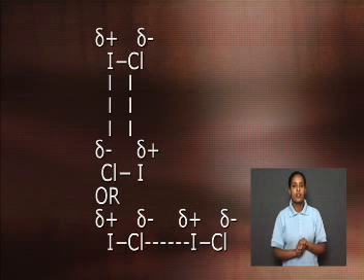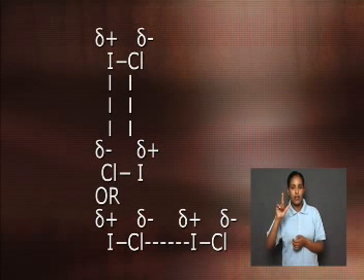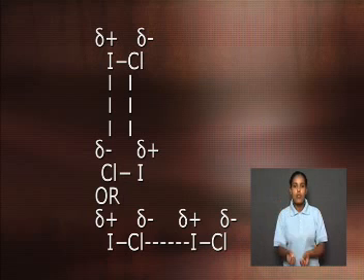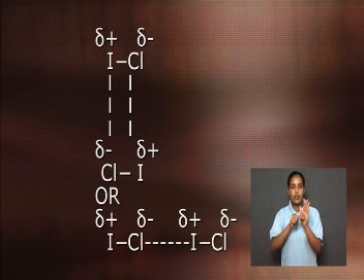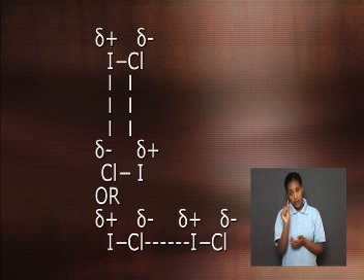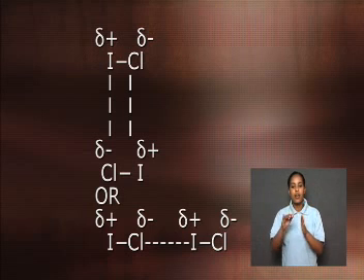In an iodine monochloride molecule, the more electronegative chlorine atom bears the partial negative charge. The less electronegative iodine atom bears the partial positive charge.